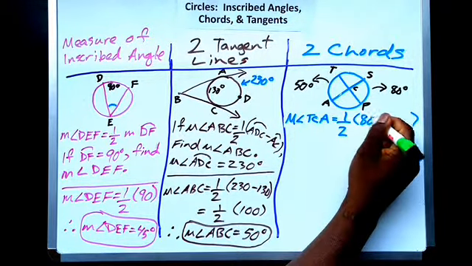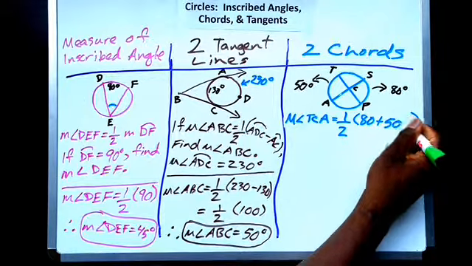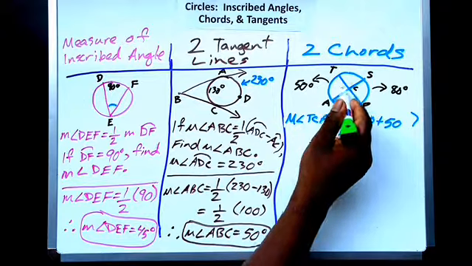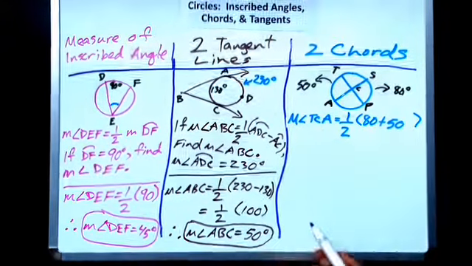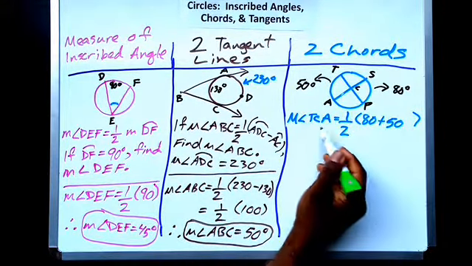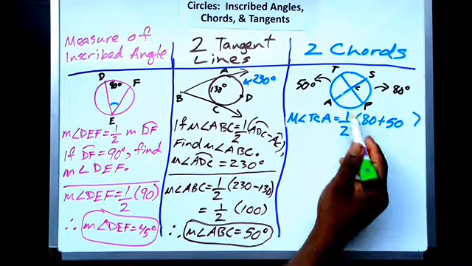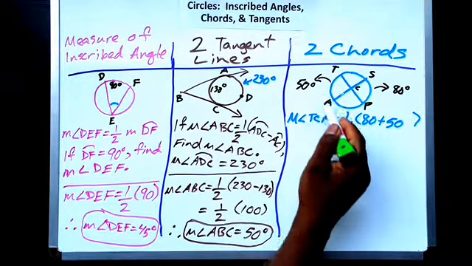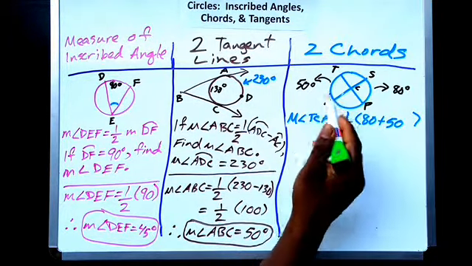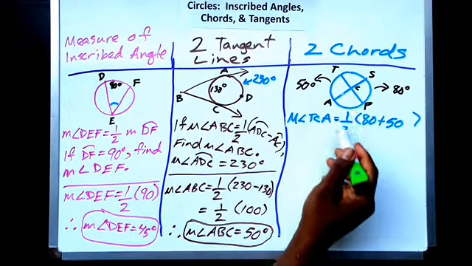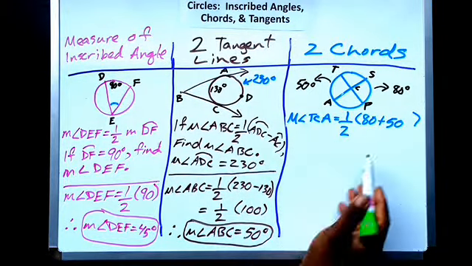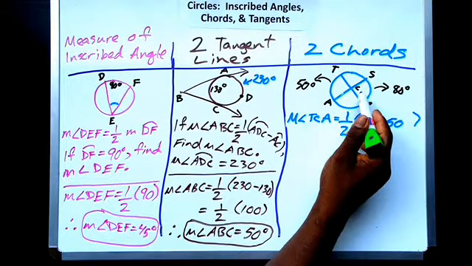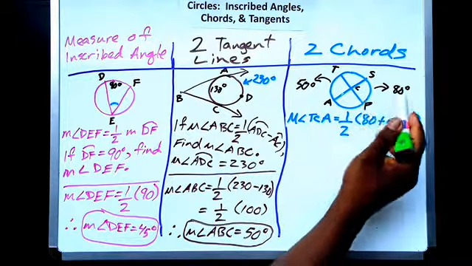So that's 80 degrees plus 50 degrees, both of those arcs. So we have two chords that form the angle TCA. And what we do is we say that angle TCA is equal to half of the arc formed by the angle in question, which is 50 degrees, plus the arc formed by the vertical angle that is equal to angle TCA, which is 80 degrees.